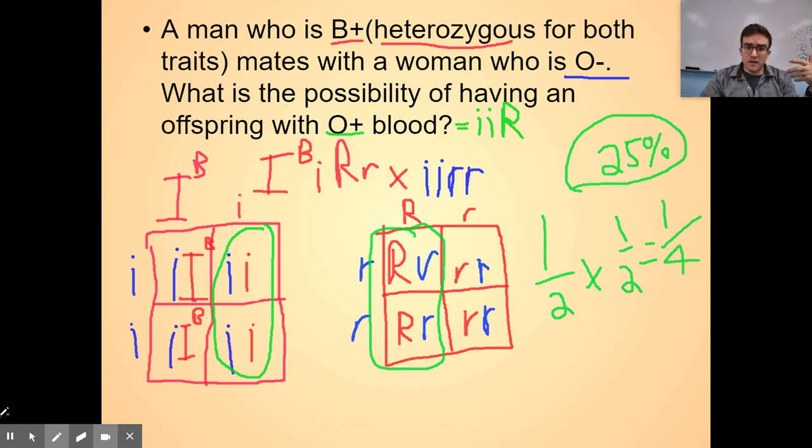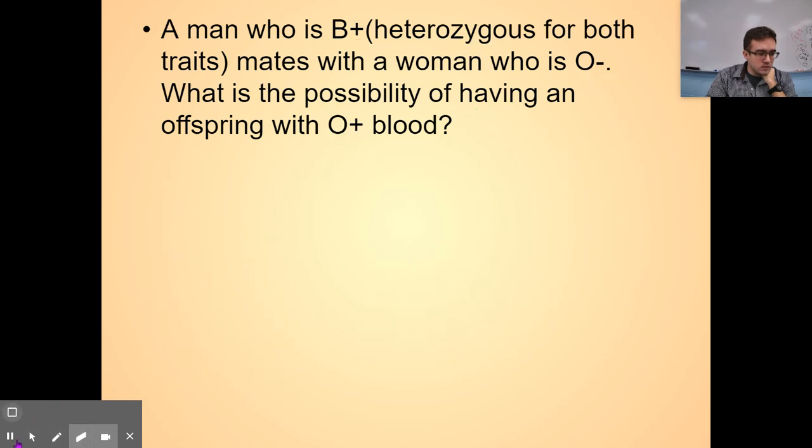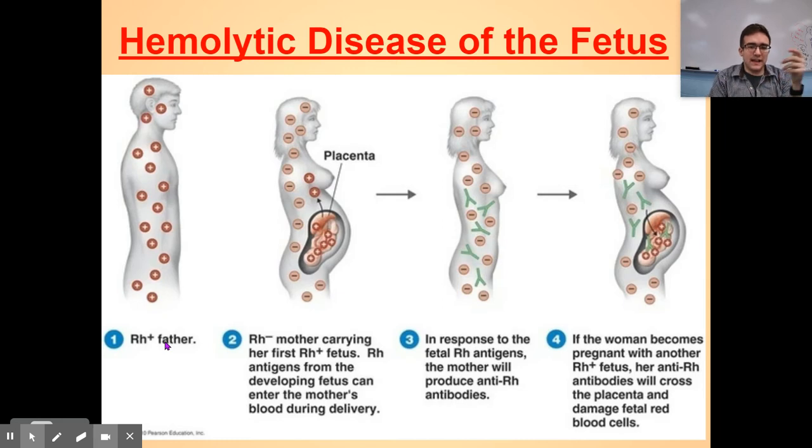The last little thing with the Rh factor is that there is a disease, not really a disease, but something that can happen with the child and the mother during pregnancy. I'll clear the board. So during pregnancy, what can happen? It's called the hemolytic disease of the fetus.